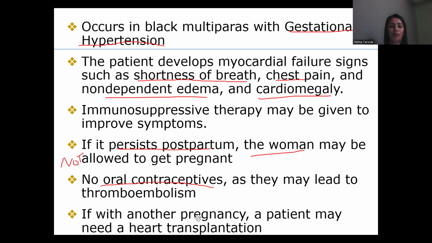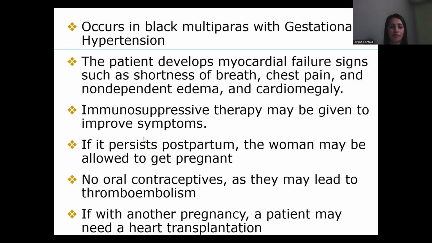And with another pregnancy, a patient may need a heart transplantation. After the transplantation, there is the possibility that the patient could get pregnant, but still with risks. The risks would not be totally eliminated with this case of heart disease.